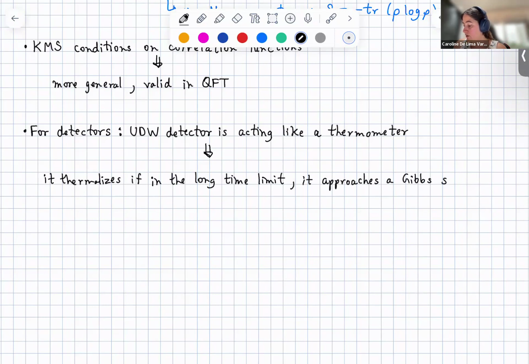And just recall that for the UDW detectors, this Gibbs state is well defined. So if I turn this detector on and off in a very smooth way, adiabatically, and take the limit in which this detector is on forever, it should become a Gibbs state.